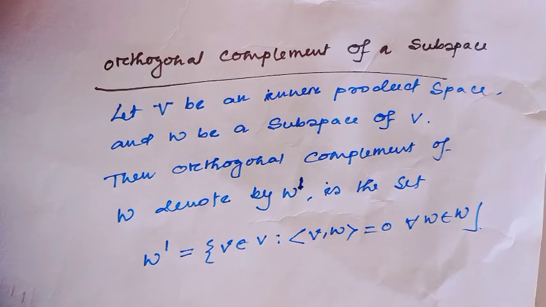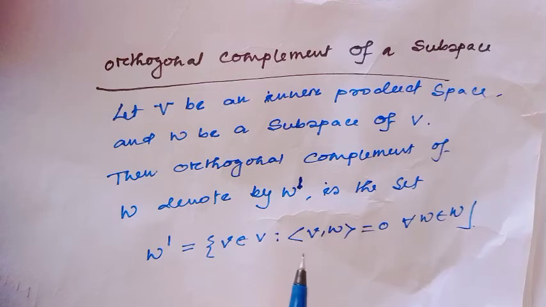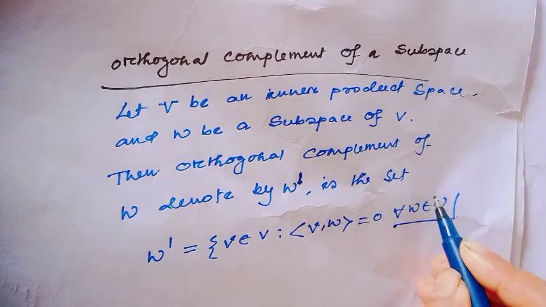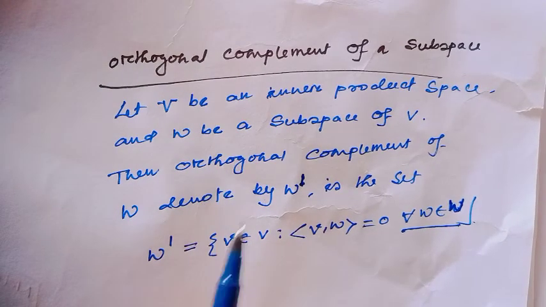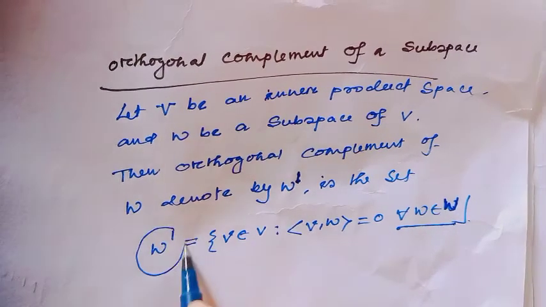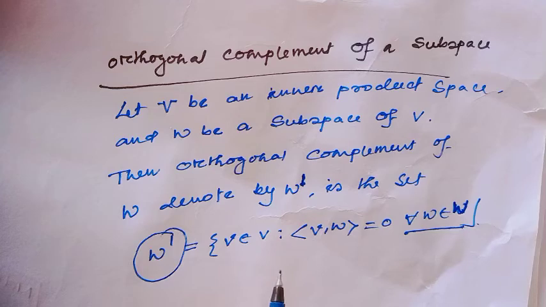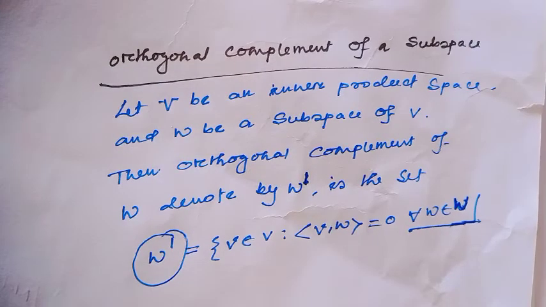This is the set of those v in V such that the inner product of v with w equals 0 for all w belonging to the subspace W. That means the actual idea is that the orthogonal complement W perp is the set of those vectors of V which are perpendicular to all vectors of W. Are you getting the idea?